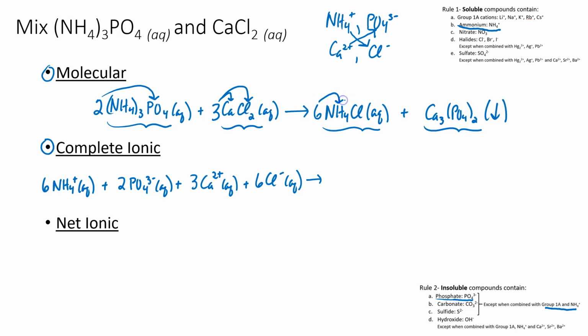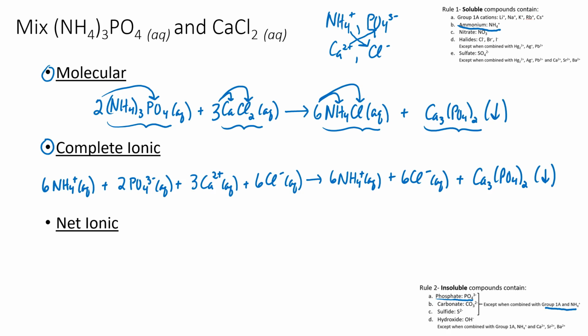We've got 6 ammoniums. And 6 chlorides. And then the precipitate we're going to leave alone. That does not dissociate, nor does it dissolve. That's our precipitate.